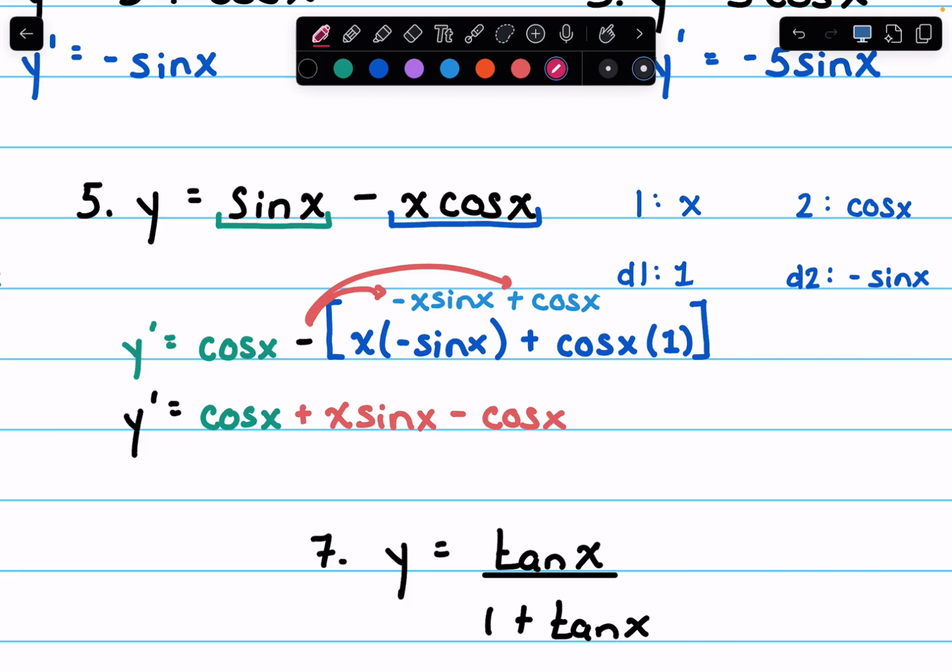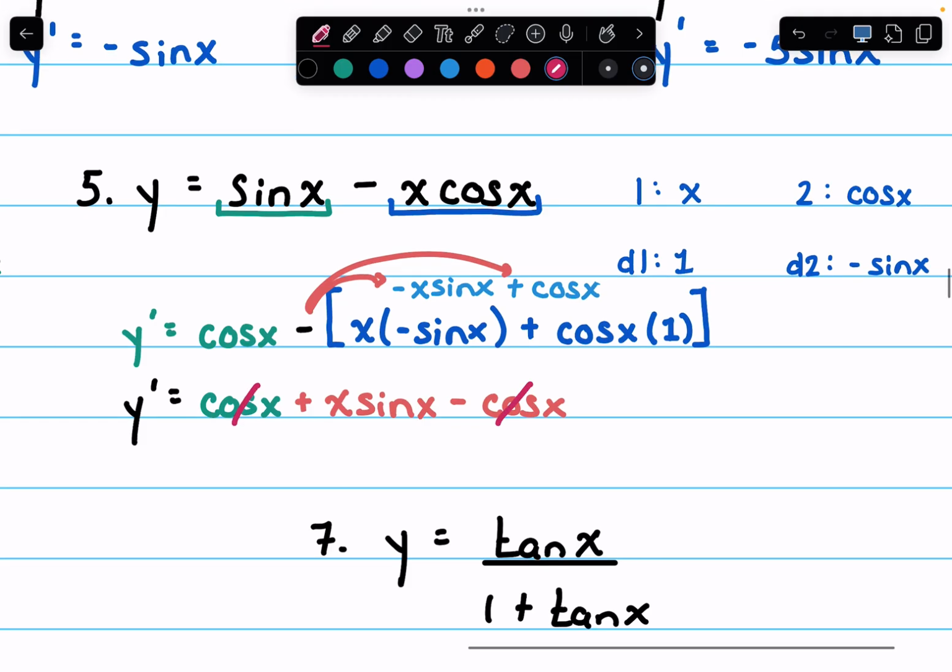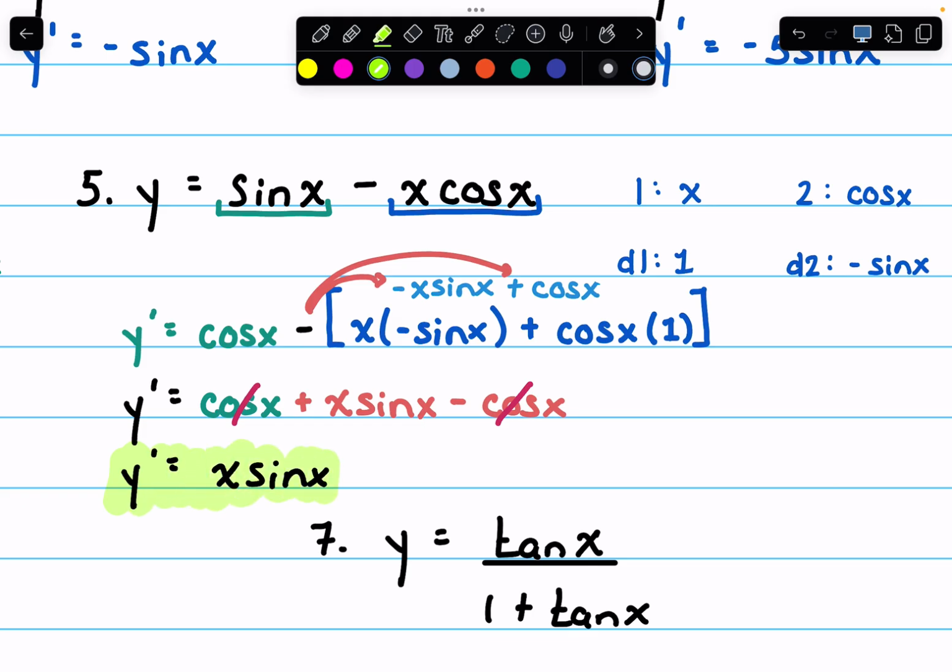Cosine minus cosine is what? 0. So I'm just left with x sine x. Okay.